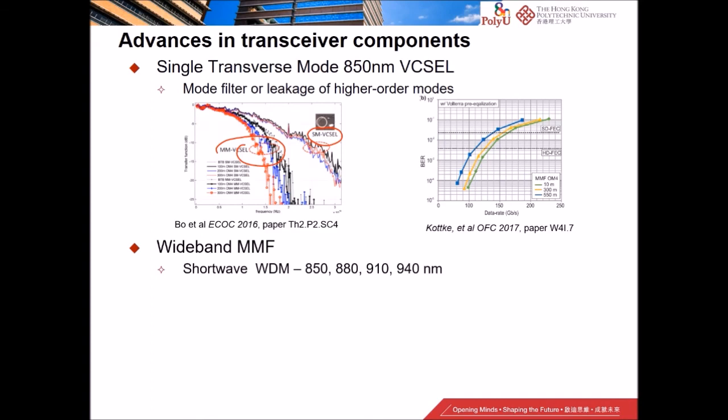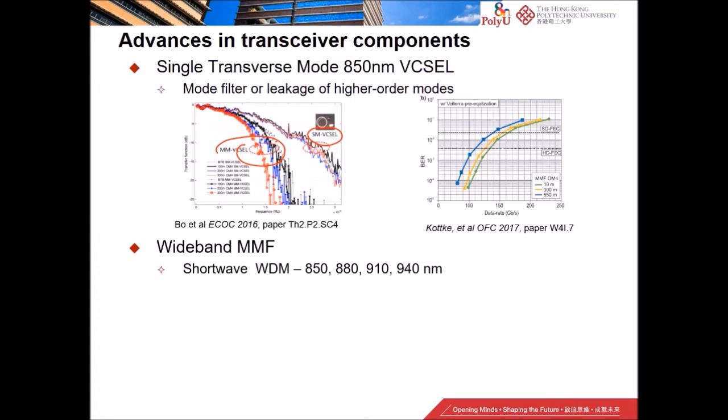Another area is the fiber itself. We are used to designing multimode fibers at 850 nanometers, and it turns out there are new efforts to extend the range of wavelengths that we work on. In particular, there is this new concept of shortwave WDM, basically 4 WDM channels around 850 nanometers.